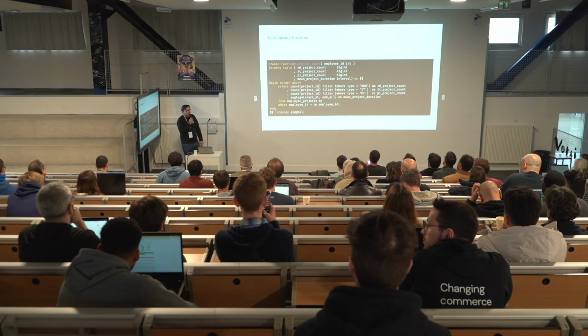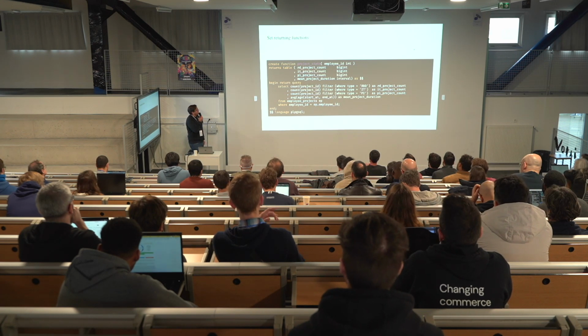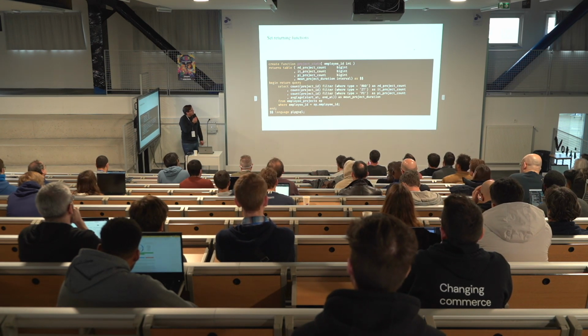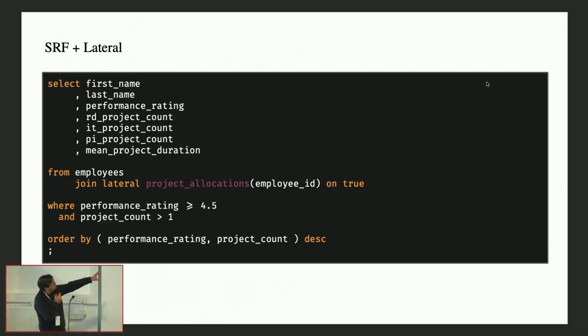And then you wonder, how can we have this table run for each row? You need to have something called a lateral join, which allows the join condition to depend on the current row.